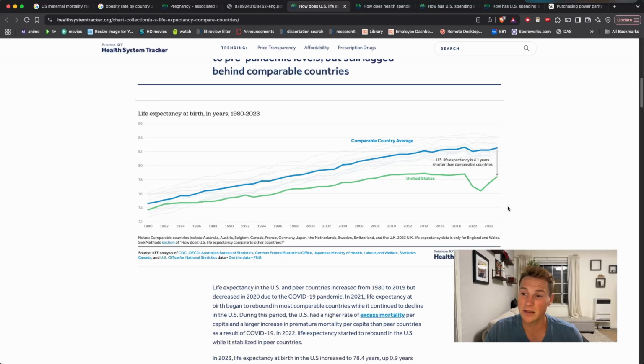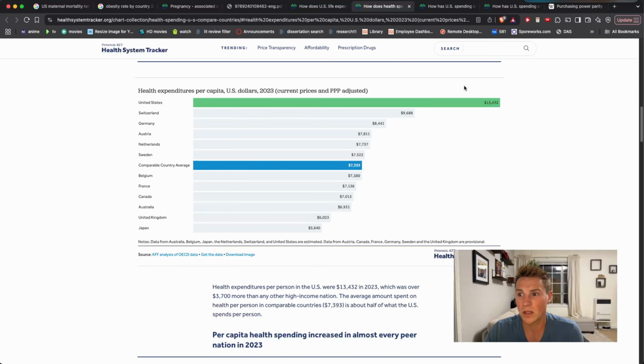And it seems like there are some pretty big discrepancies depending on the color of your skin. It's not acceptable. And we can do better in the United States, especially for how much we're spending. Look at that. $13,432 per person per year is our expenditure on healthcare for worse health outcomes. We spend more on prescription drugs.